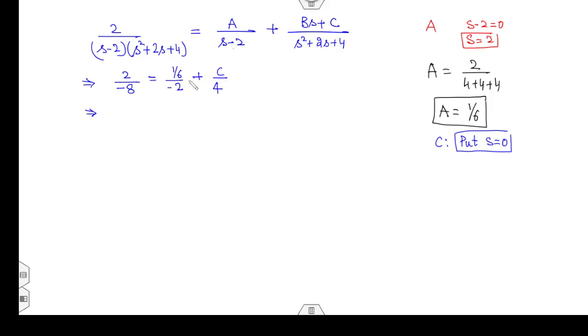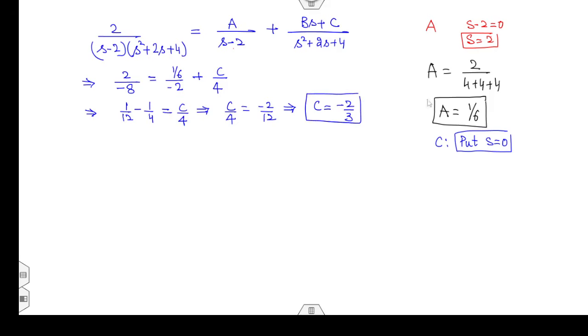So can you find the value of c? It is 1 over 12 minus 1 over 4, which is equal to c over 4. That implies, 12 is the LCM, 1 minus 3 is minus 2 over 12. That implies c will be minus 2 over 3.